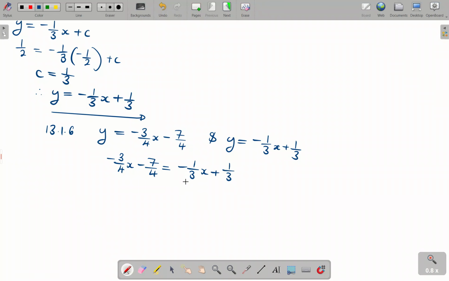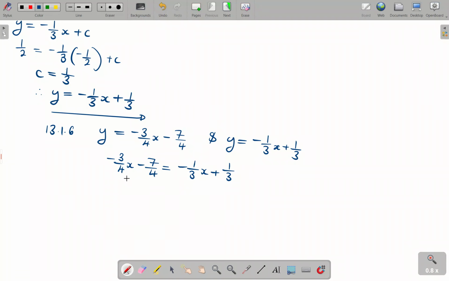Now you group the x terms together and the constants together. Negative 3 over 4 plus 1 over 3, I'm taking that one to the left.